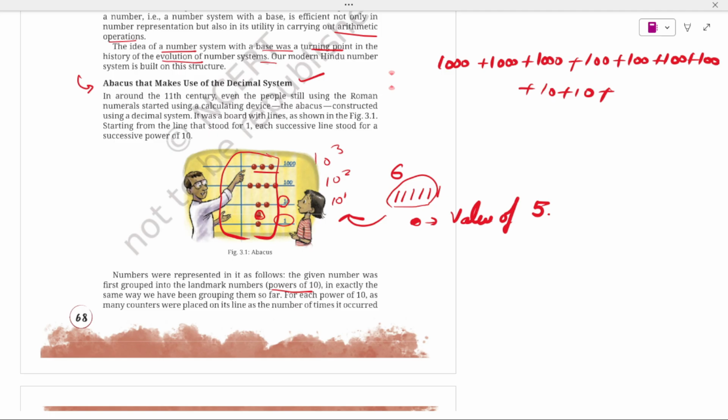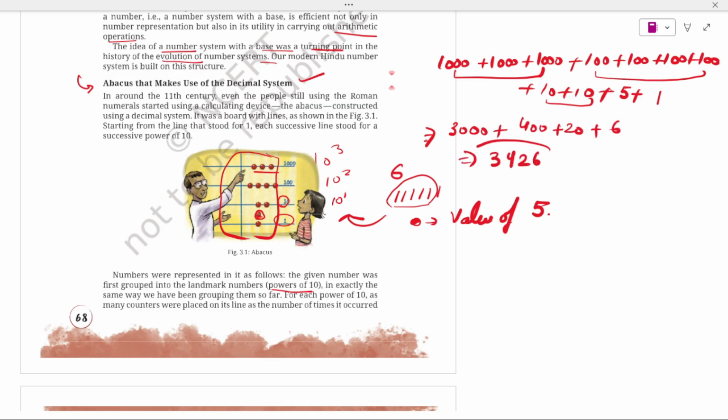The center symbol is 5. 5 plus 1. Now add them. This is making 3000. This is making 4400. This is of 26. So 3426 is the number which is presented here in the abacus form.